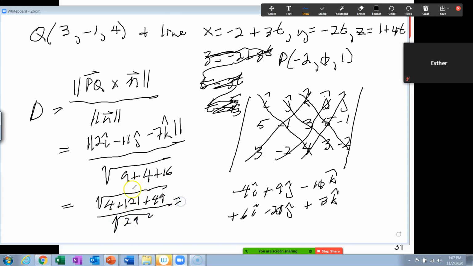Now 121 plus 49 is 170, plus 4 is 174, so that's the square root of 174 over the square root of 29.